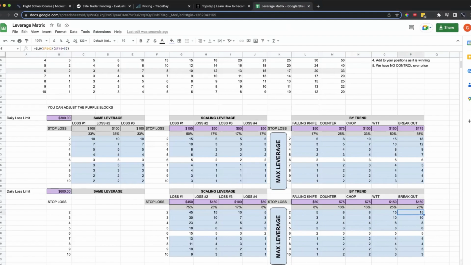What's 15 divided by 80? Hold on. 15 divided by 80. 20%. So my 2-point stop loss with the perfect trade for me, I'm only using 20% of the leverage they allow me to use.